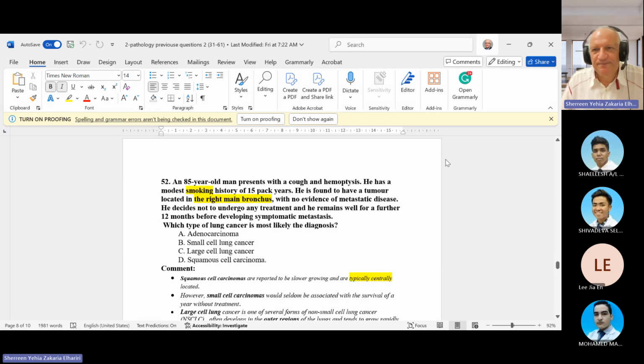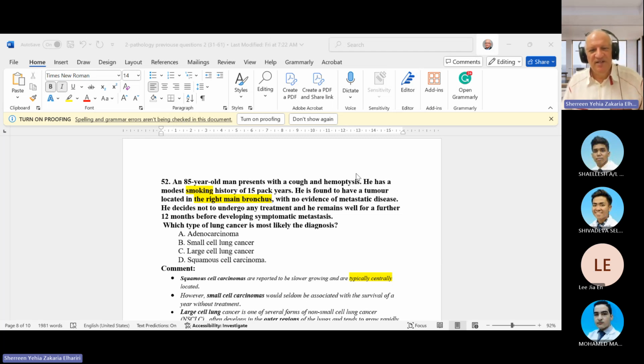So just to summarize, if the patient is a smoker and has a central tumor and all signs of malignancy, it is squamous cell carcinoma. If the patient is a non-smoker and the tumor is in the periphery, it is adenocarcinoma. If the tumor is in any part of the lung with paraneoplastic syndrome, we call it small cell carcinoma.